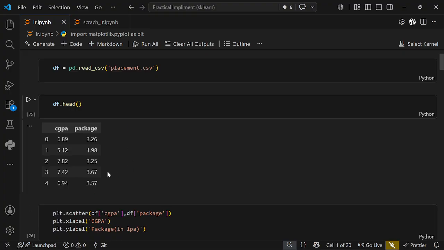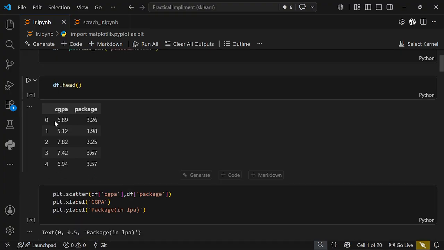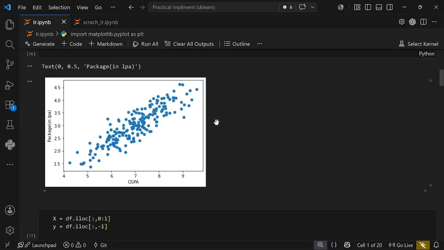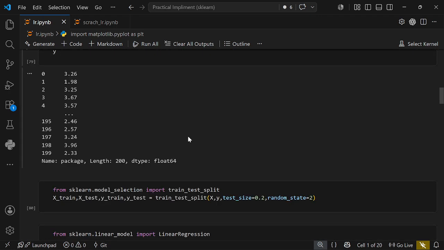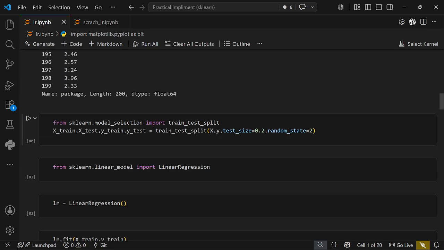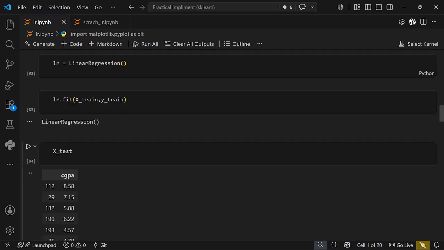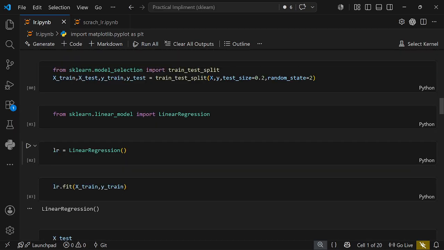This data is created by me. Randomly I have taken some values and made it sort of linear, and we have done the train test split with sklearn dot model selection. We have x train, y train, x test, y test here.